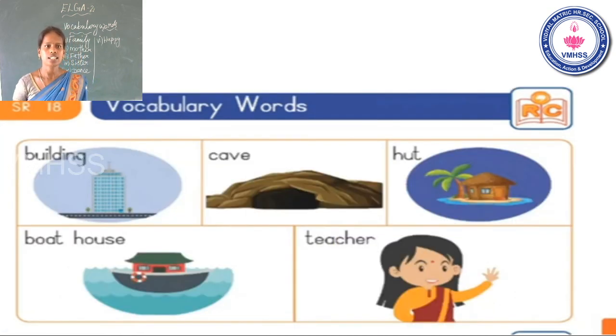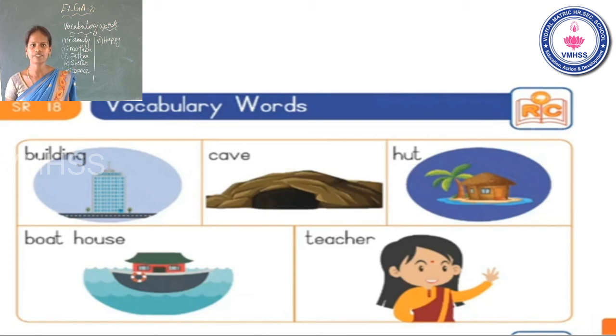Okay. See the slide, students. These vocabulary words also we learnt. Just we recap the vocabulary words. The first one is building. What is the meaning of building? It is very huge. It has many houses and many apartments. Second one is cave. Third one is hut.